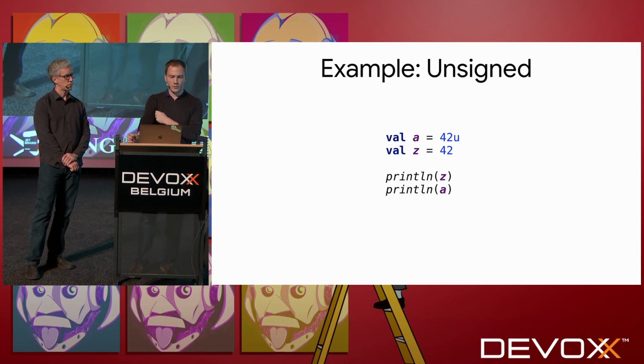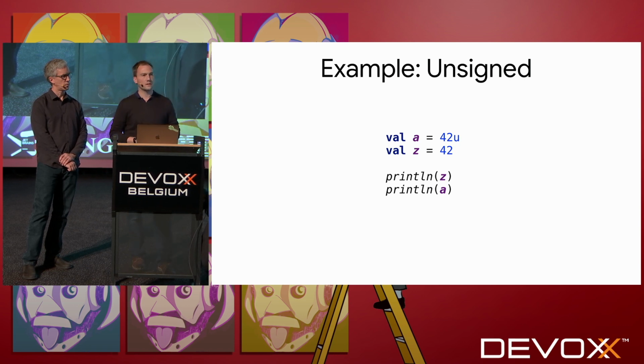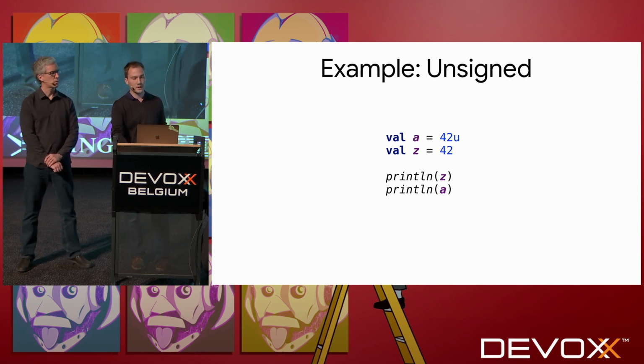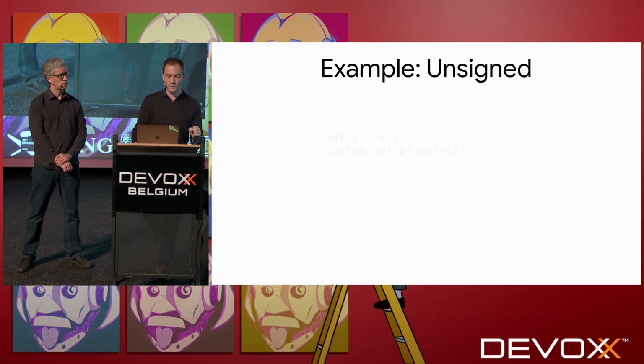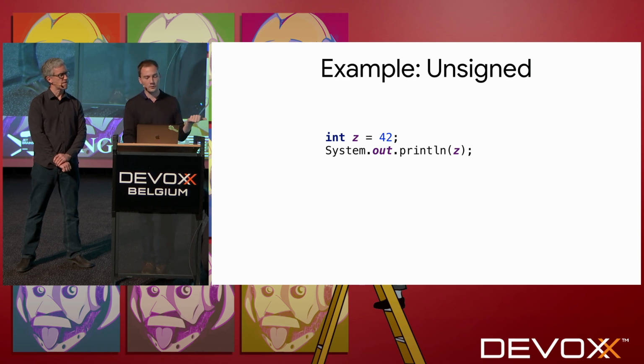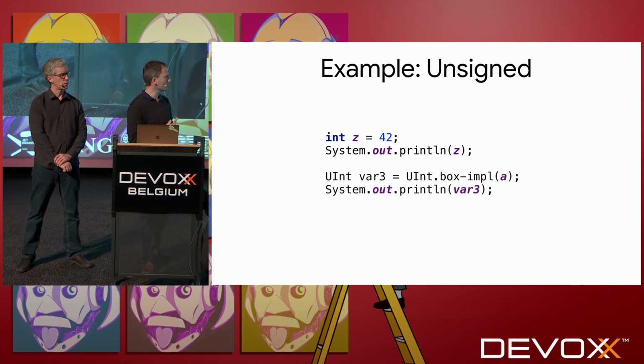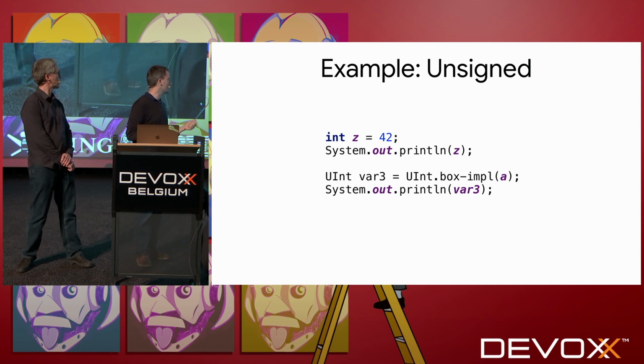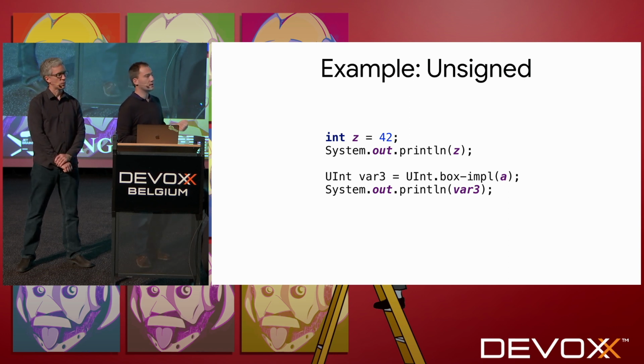So here's another example. We're just going to take an unsigned in this variable called n. We're going to take a regular signed integer in variable z, and we're going to print the two of them. So let's take a look at the generated code. Let's start with the int one, which is the default one that you would see in Java. So it just calls println of z. That's expected. But when you want to print a uint, an unsigned integer, it's going to call that method called box-impl.